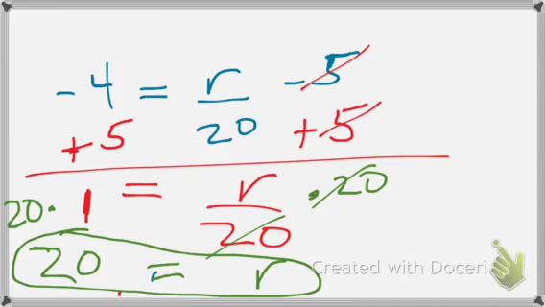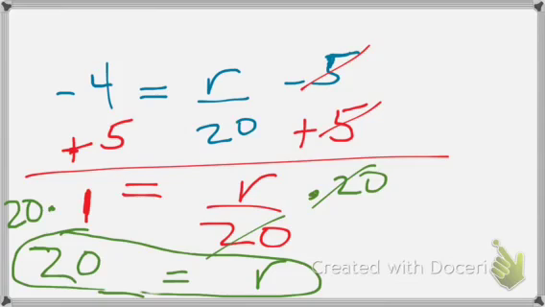All right, that's going to be your final answer. Okay, so that is your final answer. Can y'all see that? So that's for number 5. Okay? Any questions? Any questions on those 2 steps?